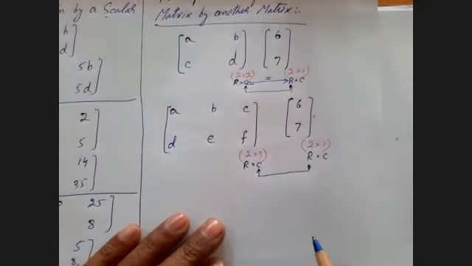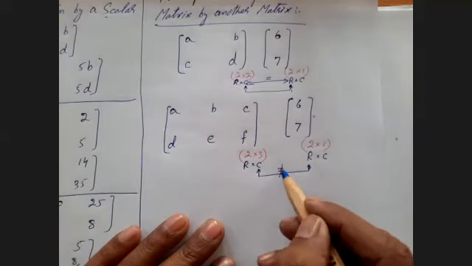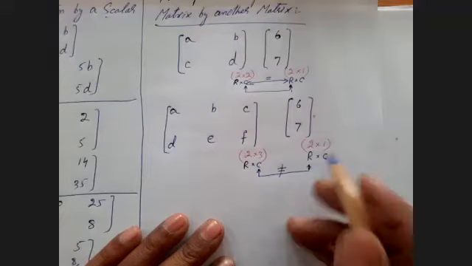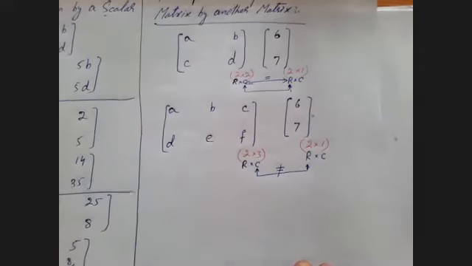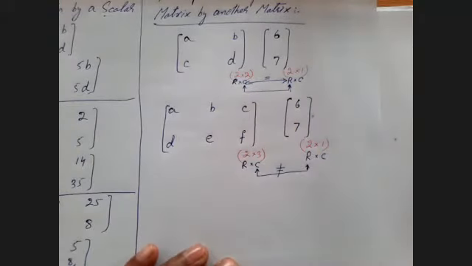These are equal to each other. But here you can see that these are not equal. First of all, you have to observe this. If they are equal, then you can multiply. If they are not equal, then we cannot multiply.